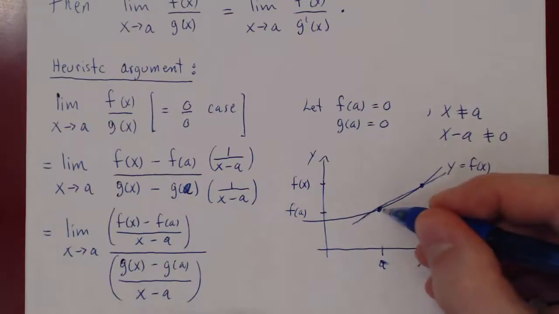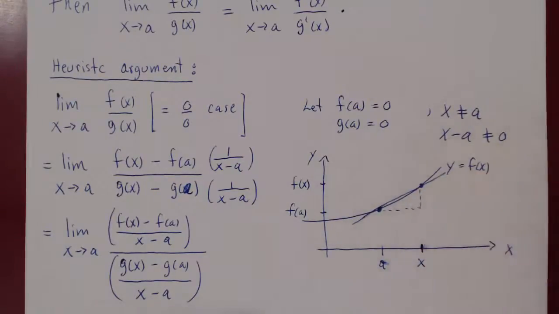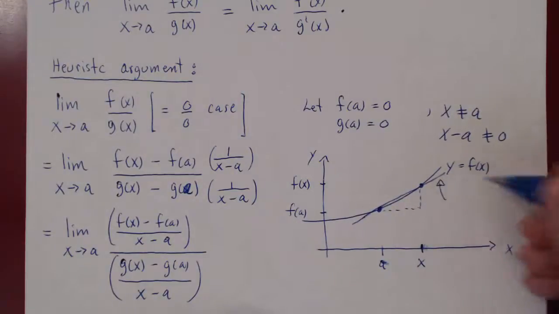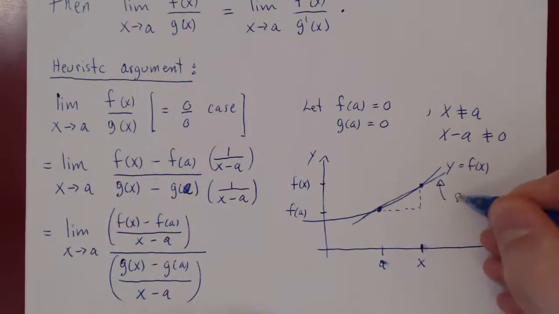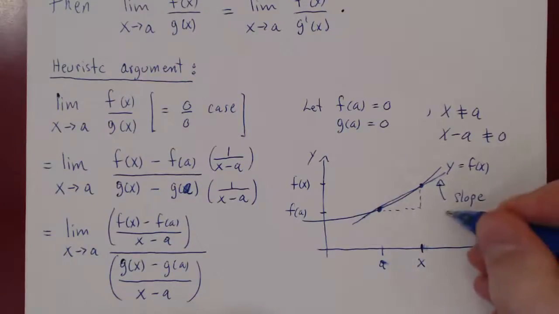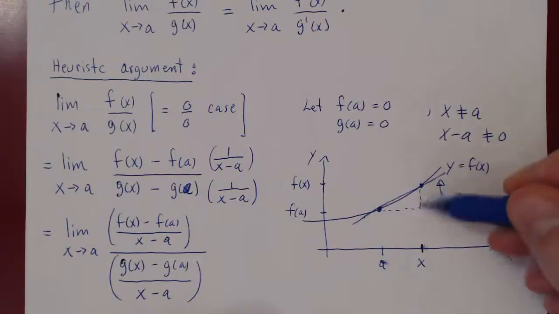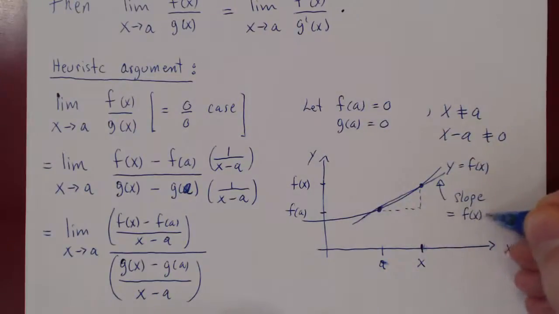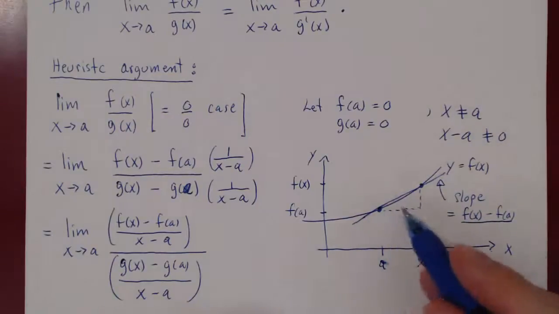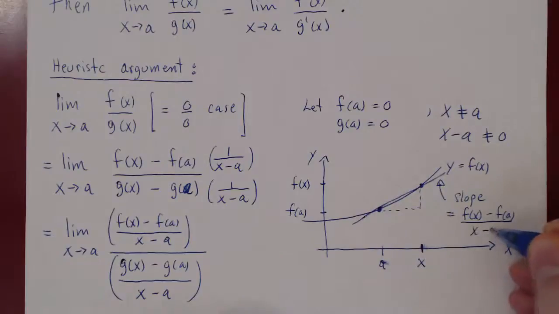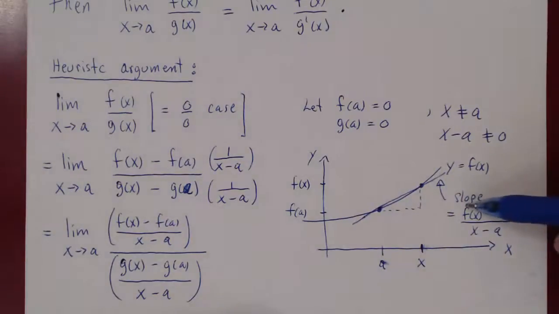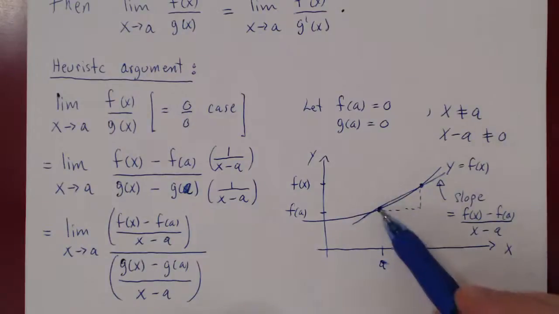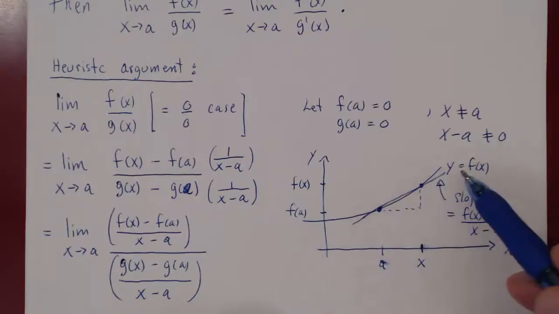And the slope of this line, of course, is the change in y over the change in x. The change in y is f of x minus f of a, over the change in x, which is x minus a. So f of x minus f of a over x minus a is the slope of the secant line passing through the points (a, f of a) and (x, f of x).